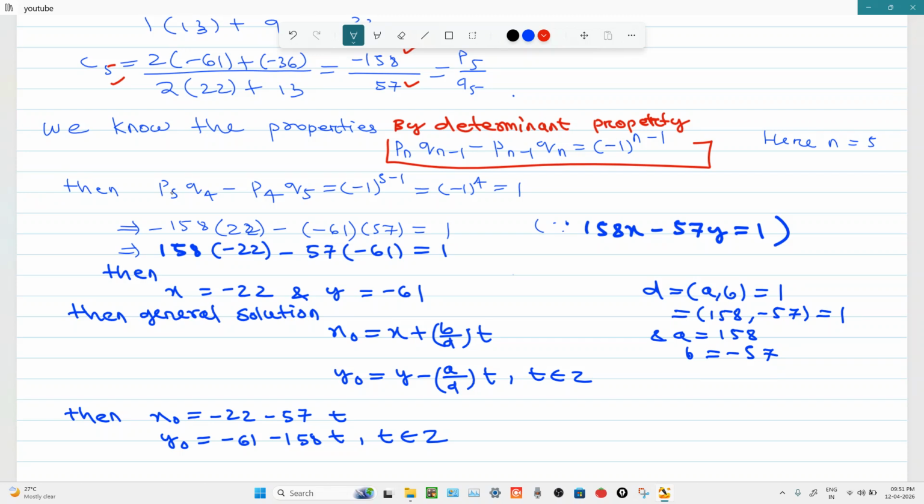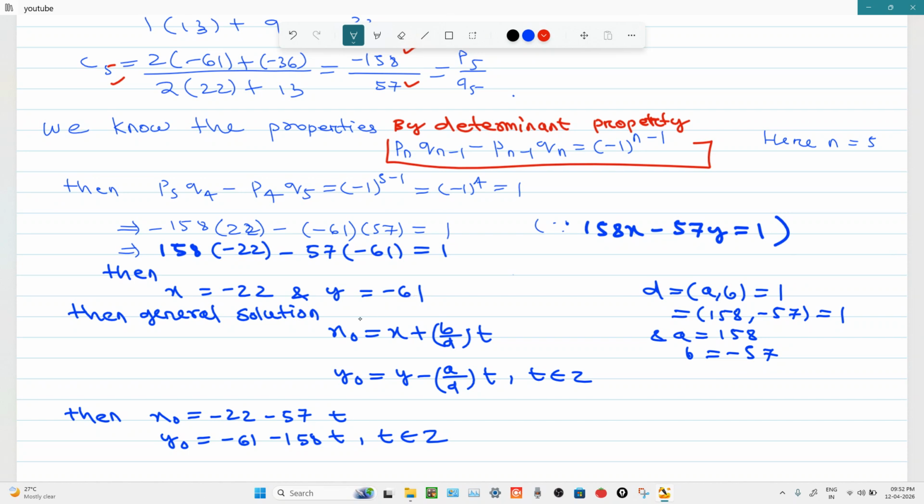Then we put the values of P as minus 158 into 22 and minus 4 into minus P4 minus 57 equals 1. If you compare this with our problem, we get the value of x as 22.